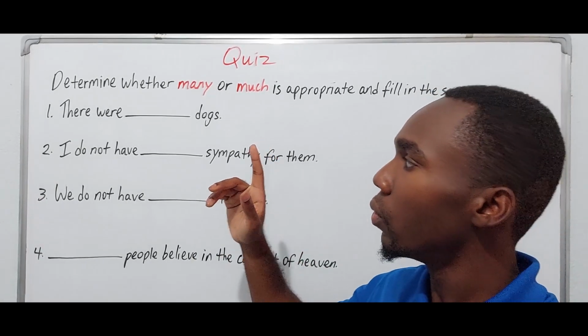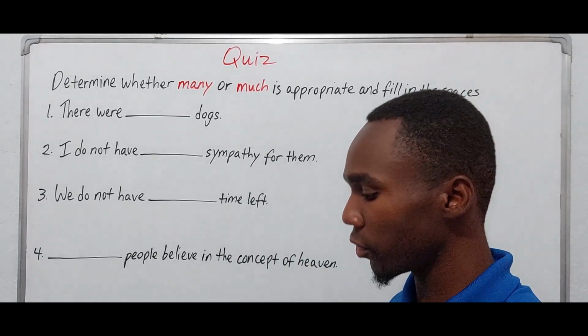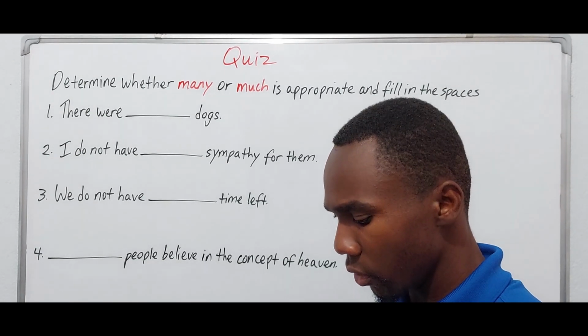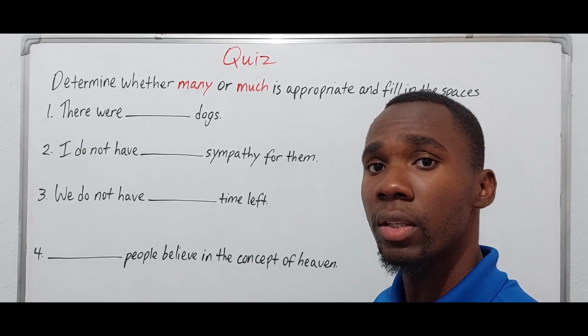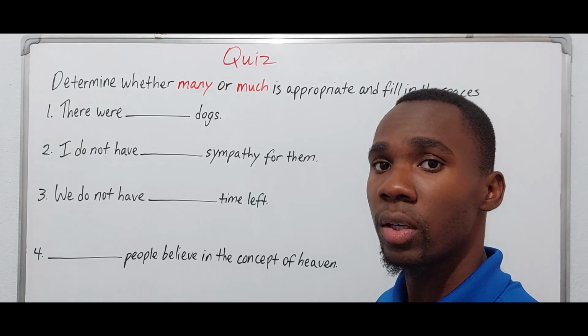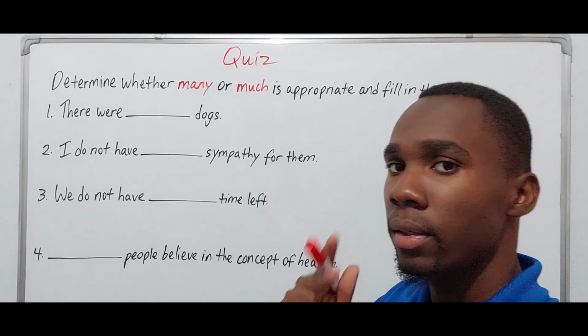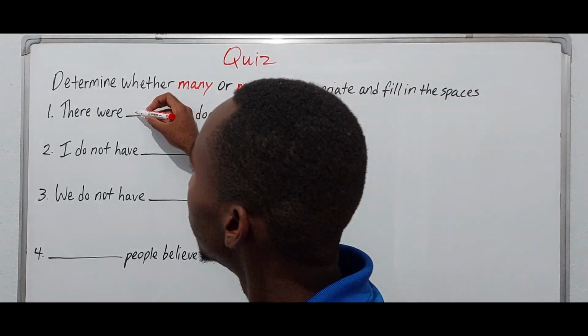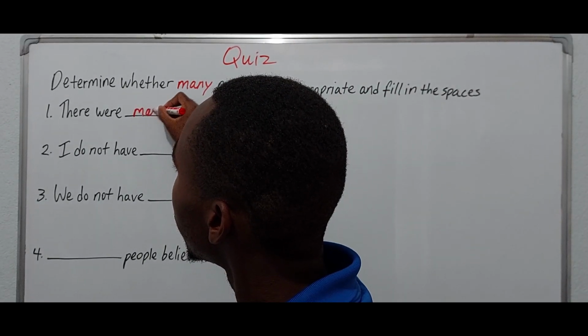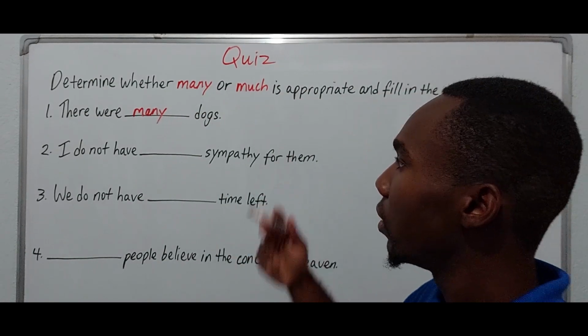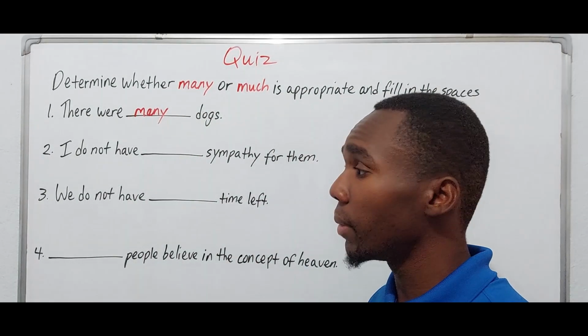So 1, there were dogs. Dogs would be plural. Therefore, the answer for 1 would be many. Many dogs. Because dogs can be made singular.